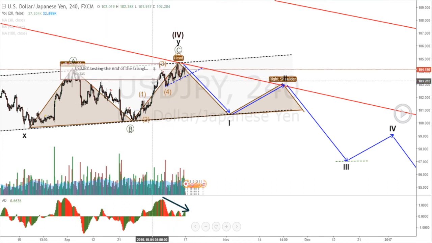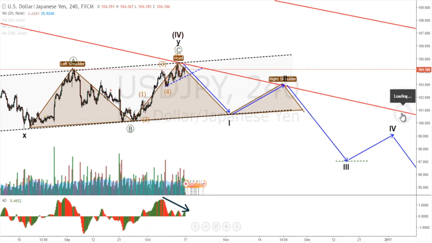This is also one that's bothering a lot of people. It's bothering me also. I saw first the head and shoulders here, so I thought this could go down.